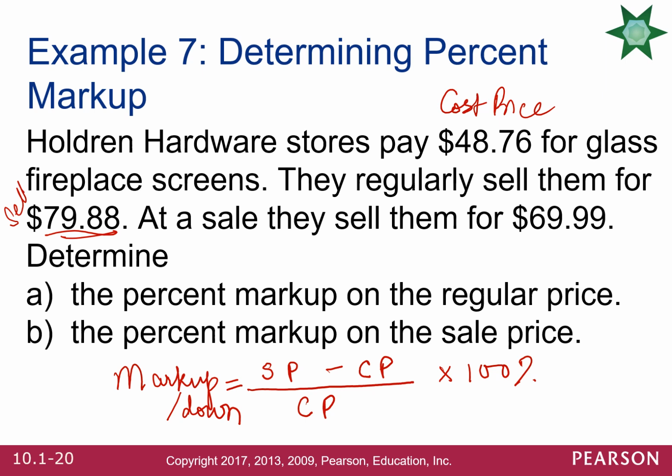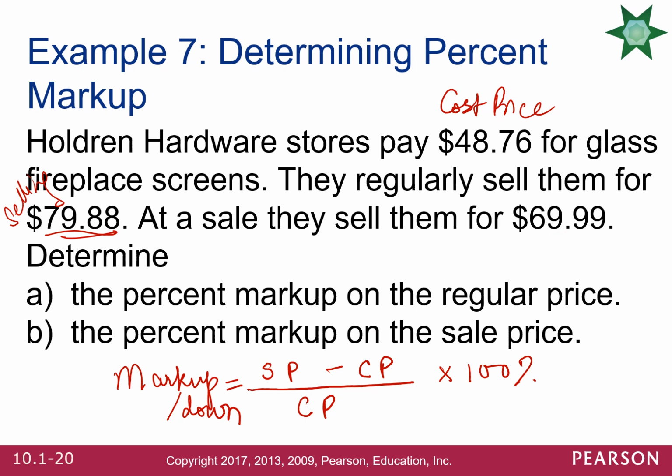However, at a sale, they sell them for $69.99, a price lower than 79.88. Otherwise it's not a sale. They give their customers a discount. So 69.99 is also a selling price.